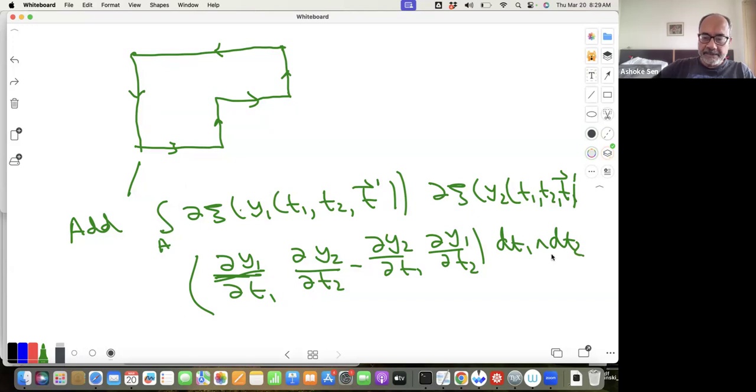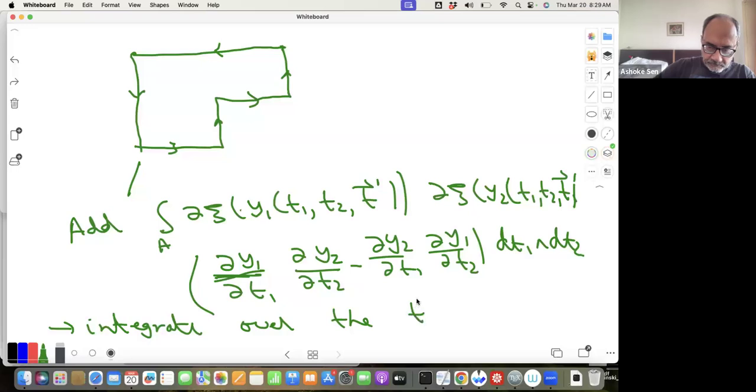So this is the compensating term that you have to add. And then, of course, you have to integrate it over this codimension 2 subspace. And then integrate it over the t primes, which is now codimension 2.